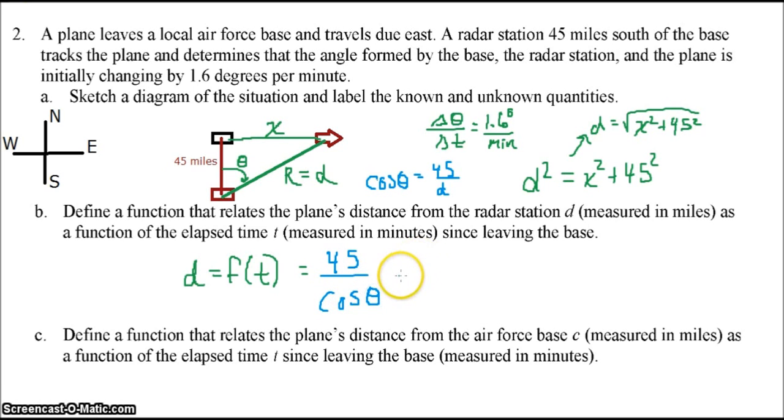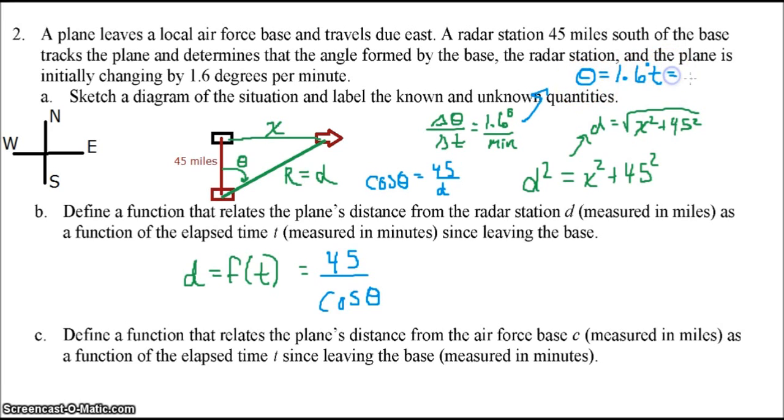That's still not quite right, because theta is not t. We know the change in theta over the change in time is 1.6 degrees per minute. If we assume theta initial is 0, then theta will change 1.6 degrees for every minute that has passed, so 1.6 t, and that's in degrees.